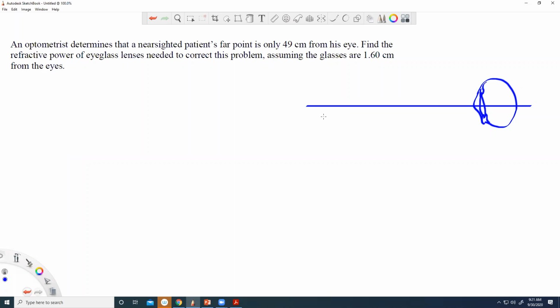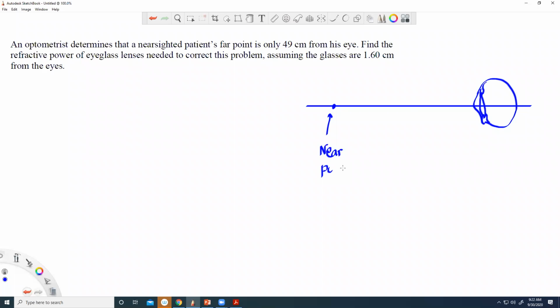But for a nearsighted person, the far point is shifted to some distance closer than infinity, okay? So in this case, the far point is at 49 centimeters, so it's here. So that's the far point. Instead of at infinity now, it's at 49 centimeters.